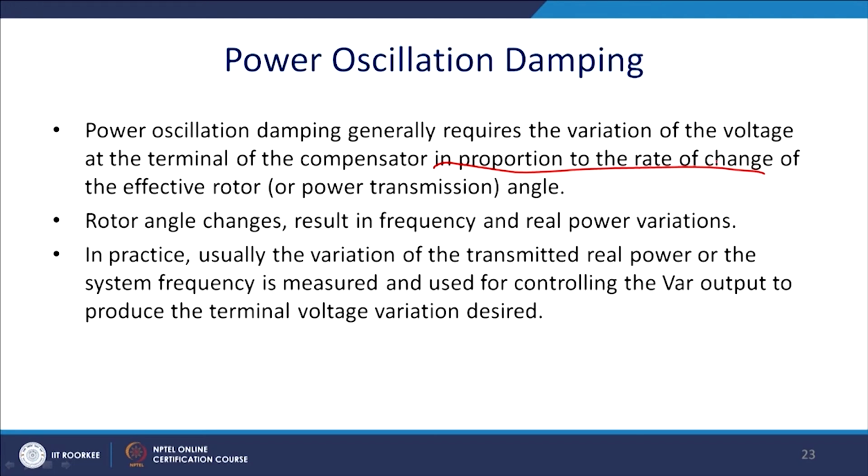The rotor angle changes, and thus results in frequency and real power variation. In practice, usually the variation of the transmitted real power or the system frequency is measured and used for controlling the VAR output to produce the terminal voltage variation desired.